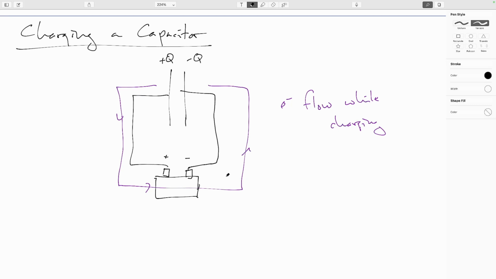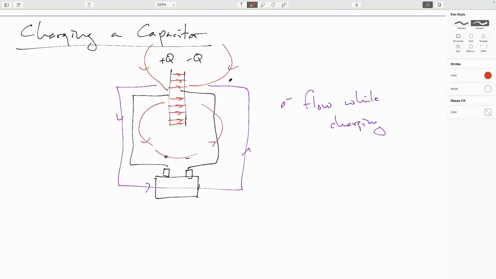Remember the Van de Graaff generator with the conveyor belt. Whatever goes on the conveyor belt has to come back off the conveyor belt on the other side. So the thing is that the battery can't just move the charges for free. And the reason for this is what I was mentioning before. While primarily the electric field that we get is between the plates, it turns out that there is a weak electric field outside the plates.